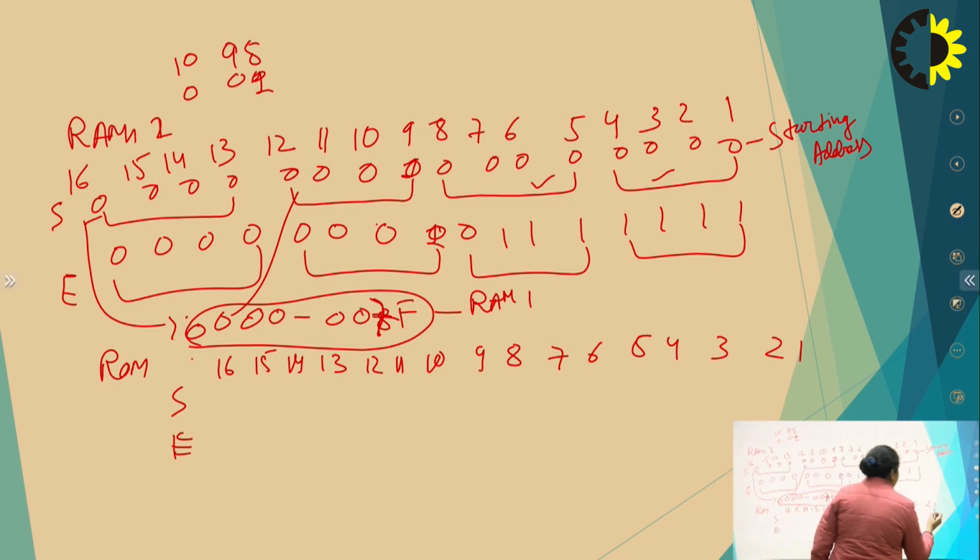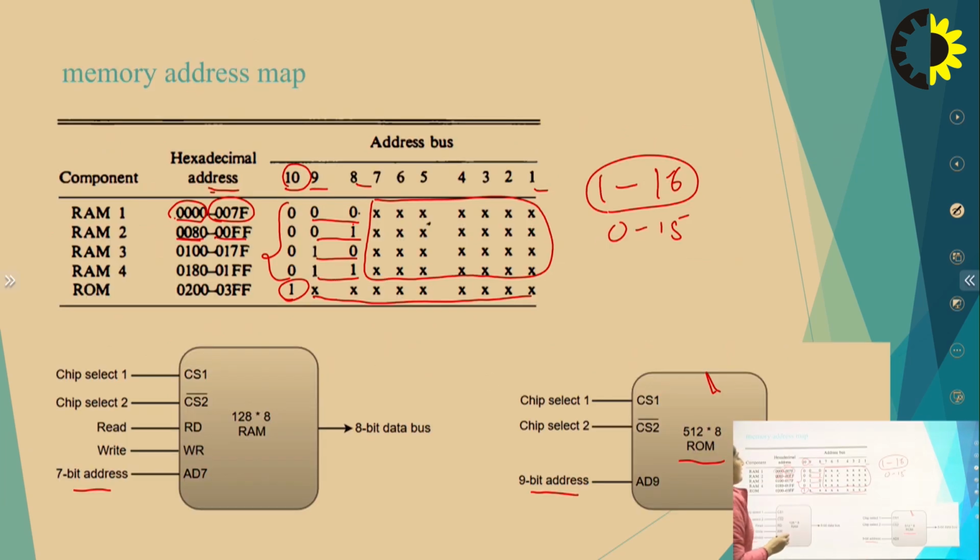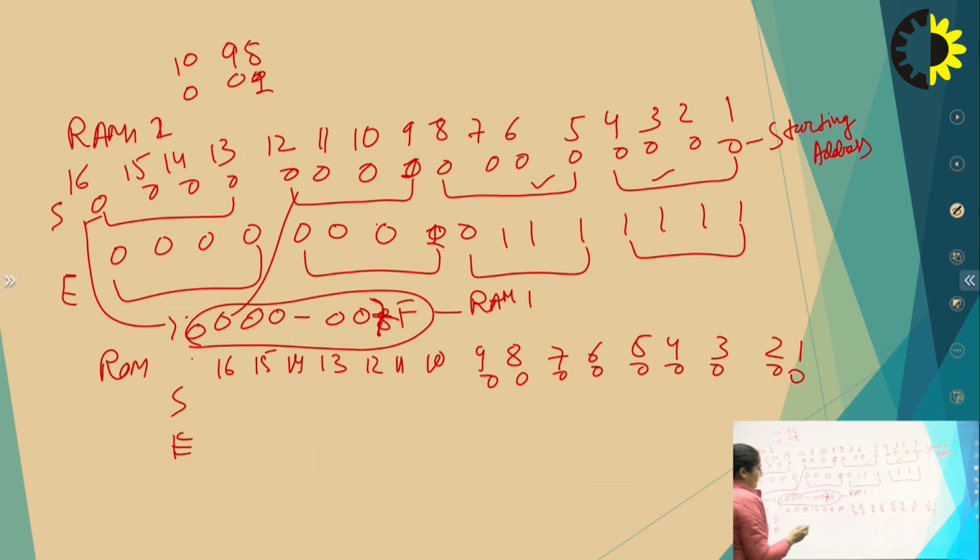From 1 to 9, it is the starting address. For the 10th bit, we are choosing between RAM and ROM, so that is 1. And from 11 to 16, this is of no use, so it will be 0, 0.